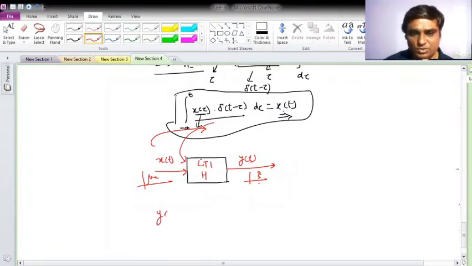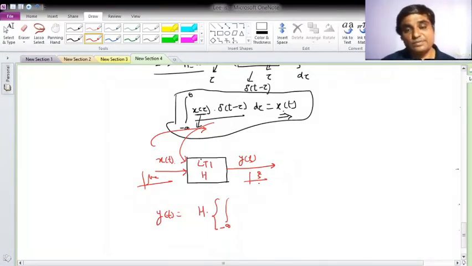So your output y of t will be the system operator applied on x of t. And what is x of t? We have approximated this. All we are talking about is the signal or excitation which we are applying and which is not readily available. So it is the integral from minus infinity to plus infinity of x of tau delta of t minus tau d tau.